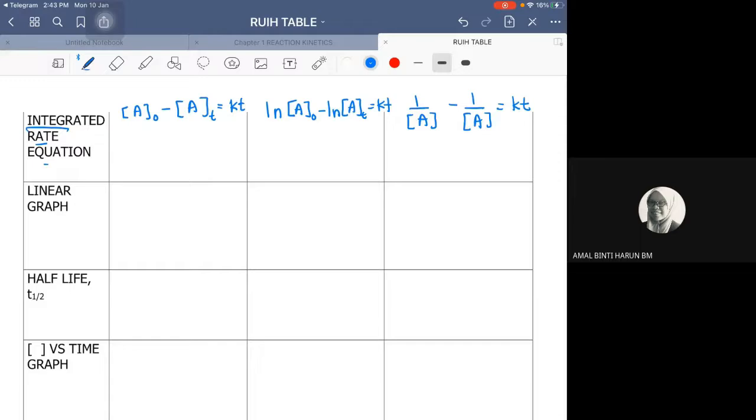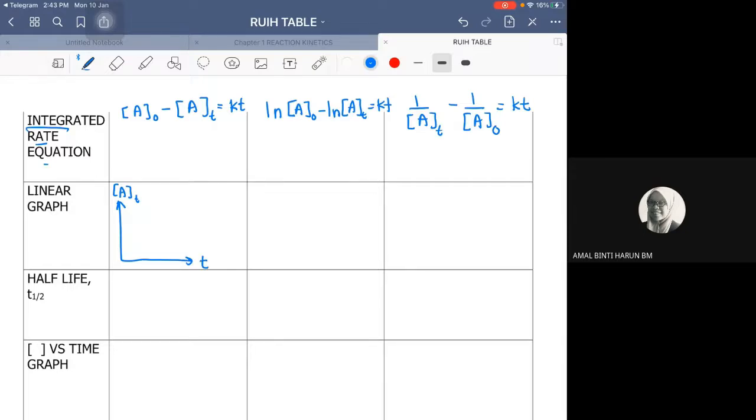Tetapi kalau kita perhati di sini, initial tolak time, untuk second order, time tolak initial. Okay. Kita boleh buat linear graph, which is the concentration of A at certain time versus time.